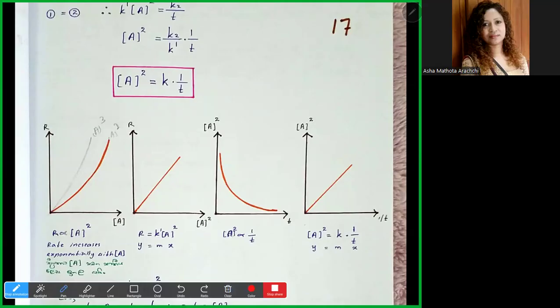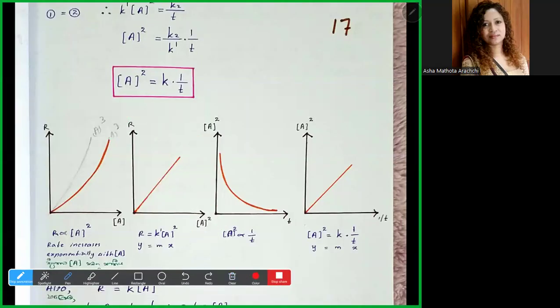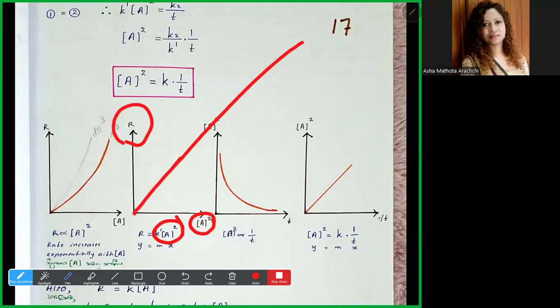Then one more extra: this one is a straight line because we have drawn it between r and a to the power 2, so there is a direct relationship. When a to the power 2 increases, the rate also increases. It simply means that when we change a, the rate increases linearly with a to the power 2.